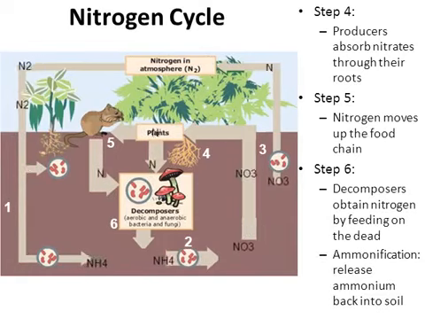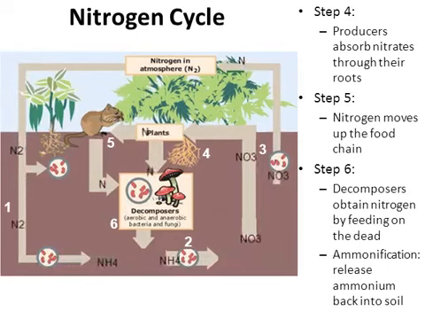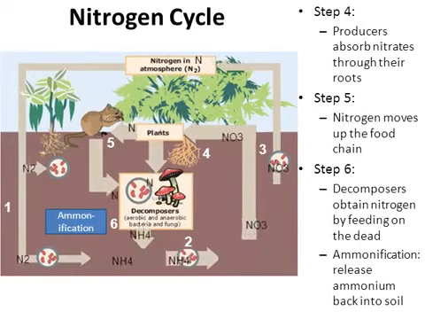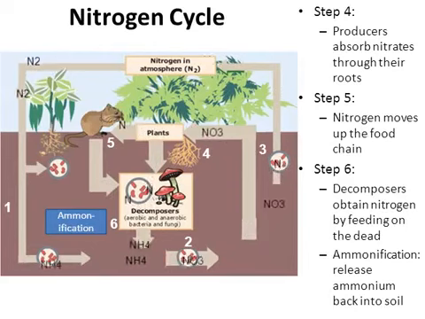Decomposers are responsible for a process called ammonification. In the word ammonification, I hope you can see the prefix for ammonium. Ammonification completes this cycle: decomposers will give off NH4. We saw NH4 earlier. NH4 is ammonium, which is created by the nitrogen-fixing bacteria.